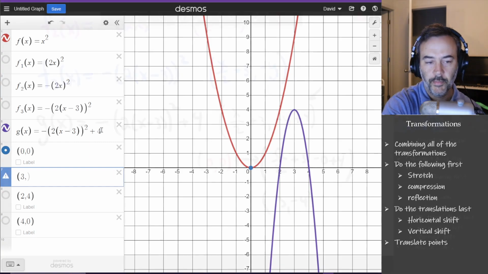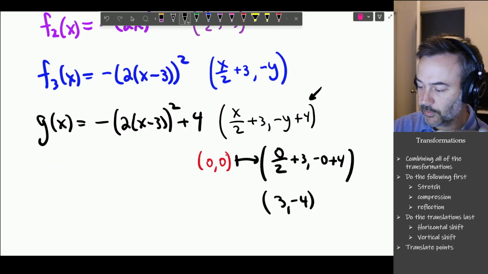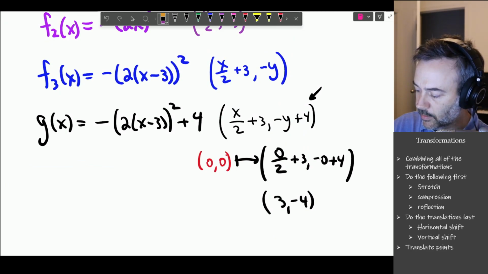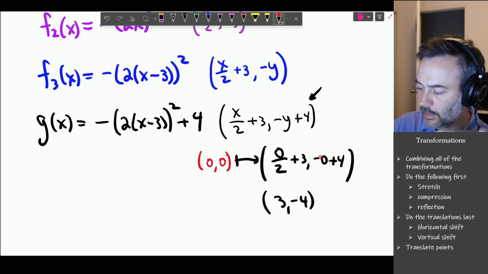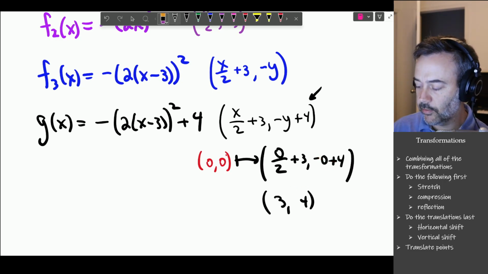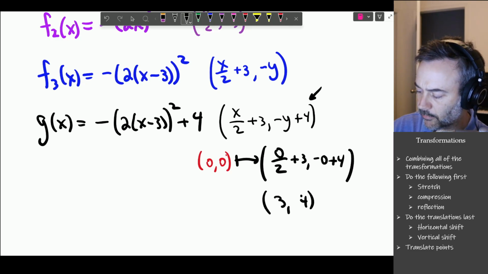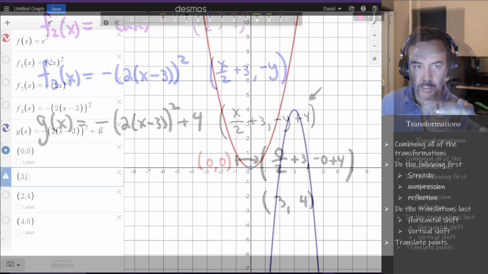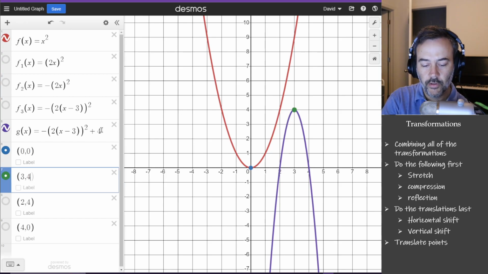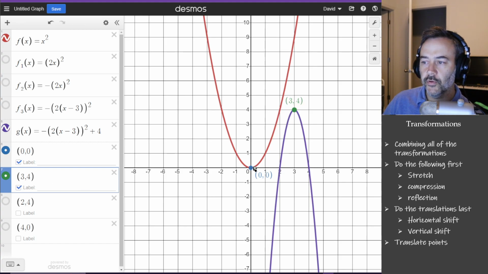Oh, oops, I made an error. I just realized this was a minus here, but I was adding 4, so I need to erase that. The new vertex is 3 comma positive 4. So I'll come back here, and we've got these. Old vertex transformed to the new vertex.